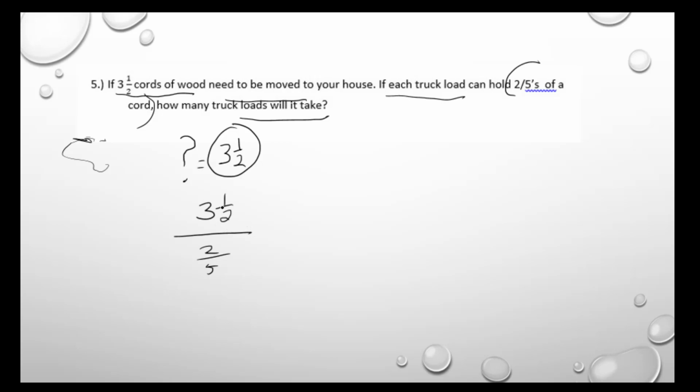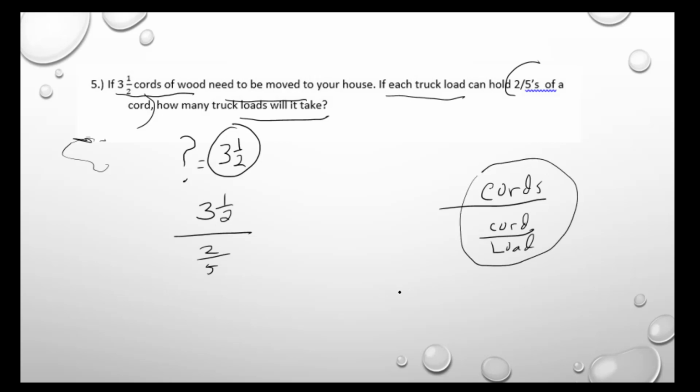So let me just look at the units. I've got 3.5 cords, and I've got 2/5 of a cord per load. So if I wanted to see what this is going to be, I could say cords divided by cords per load.